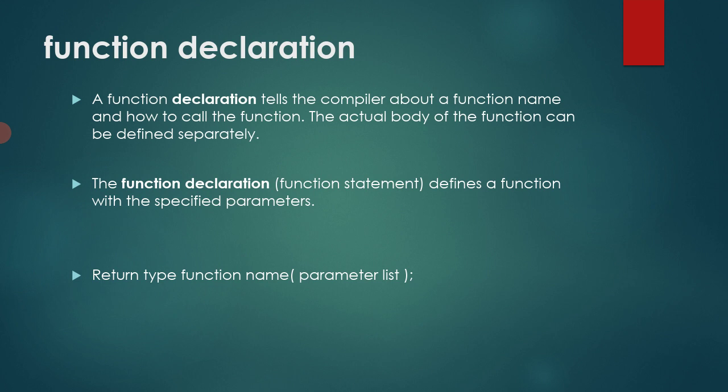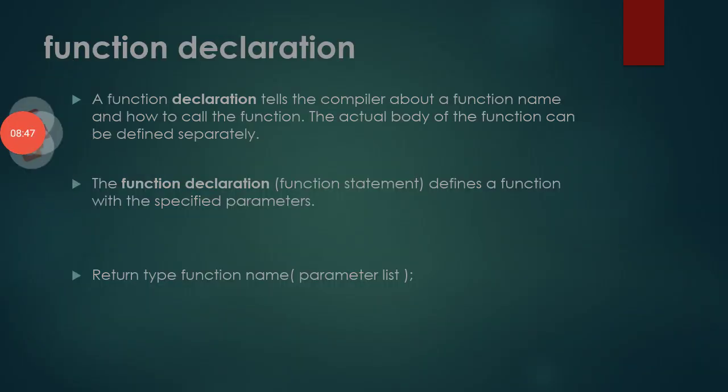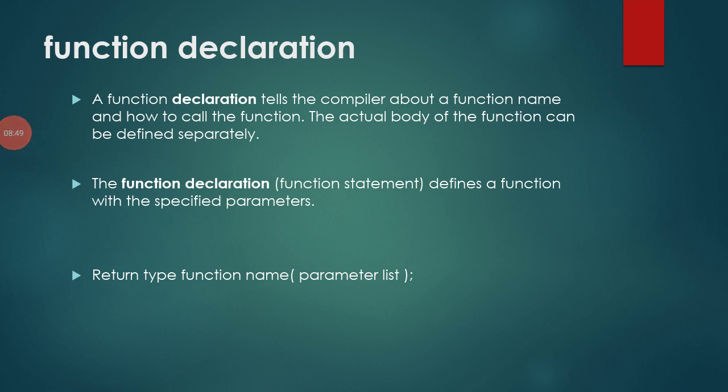Once you have declared a function, then you have to give the body inside the curly brackets. The function declaration defines a function with the specified parameters. Return type, function name, parameter list. So this is the syntax that you have to follow while writing a function declaration.